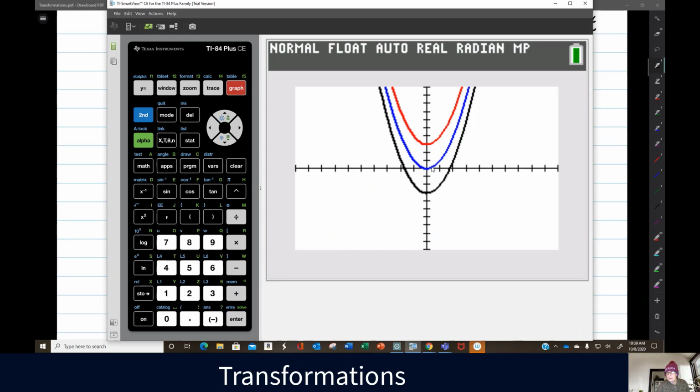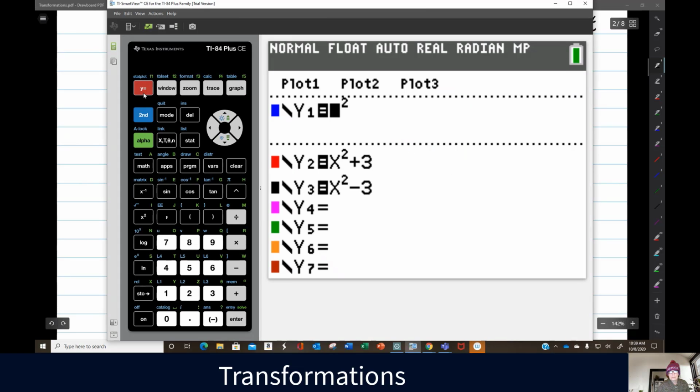Okay, so here's y equals x squared in its home position. If I want to shift up 3, I say x squared plus 3. And if I want to shift down, I say x squared minus 3, on the right of the x squared. And the same thing would be true for all of the others. But let's go through them.